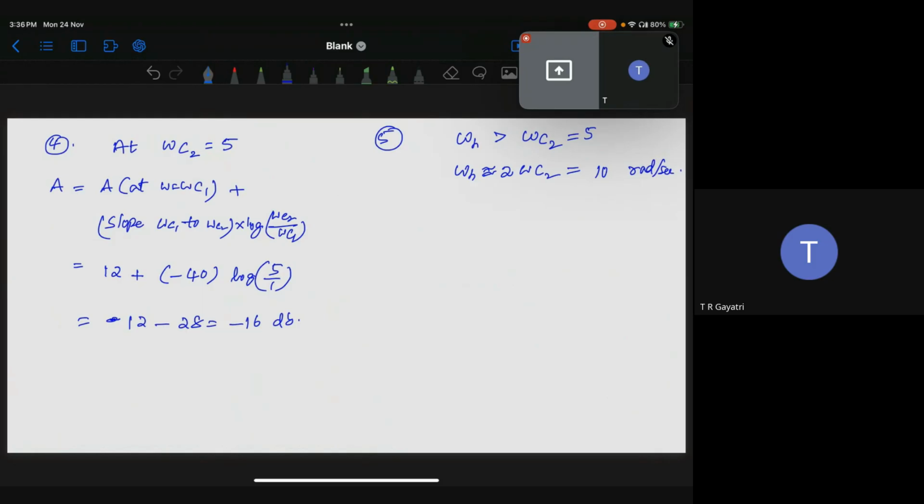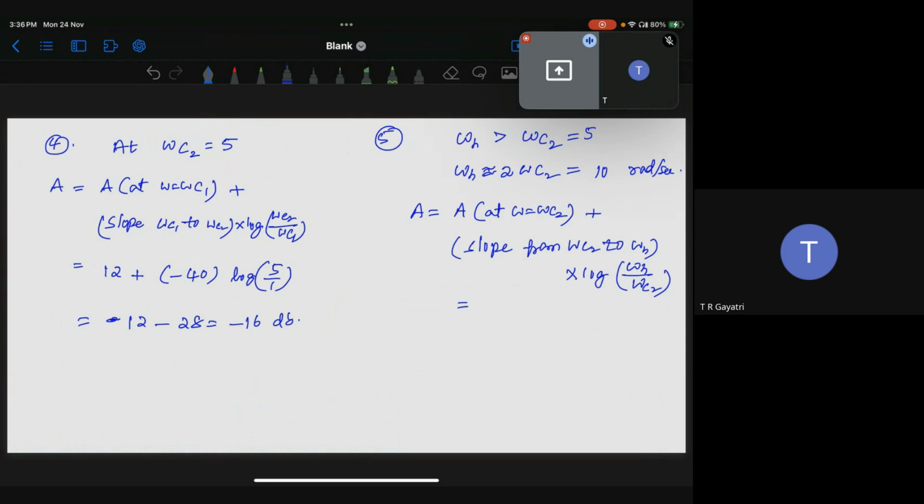Then we calculate A here. A at omega is equal to omega C2 plus slope from omega C2 to omega H multiplied by log omega H by omega C2.